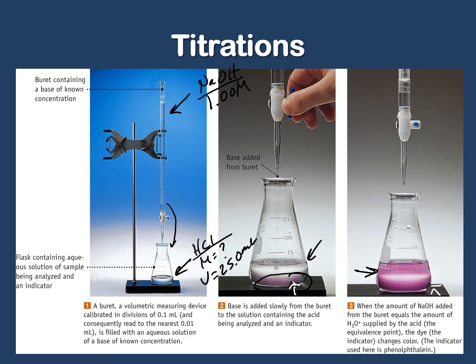We now are going to record the amount of NaOH that we added to the system. And since I know the concentration and I know the volume of NaOH that I added, using my molarity equation, I can solve for how many moles of NaOH were added. And I can use stoichiometry to back calculate how many moles of HCl were originally in the system. So let's do some example problems.